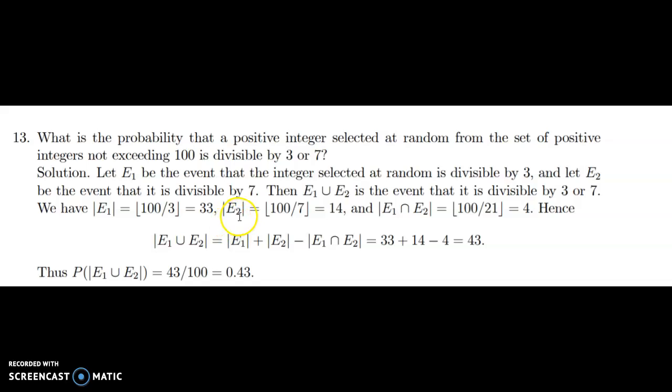Similarly, the number of elements in E2, that is the number of multiples of 7, is 100 divided by 7. Take the floor of that. The floor is 14. So there are 14 multiples of 7. What is the intersection of E1 and E2?